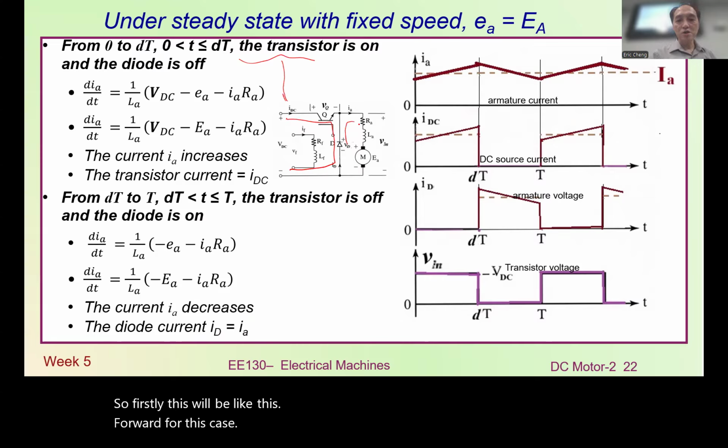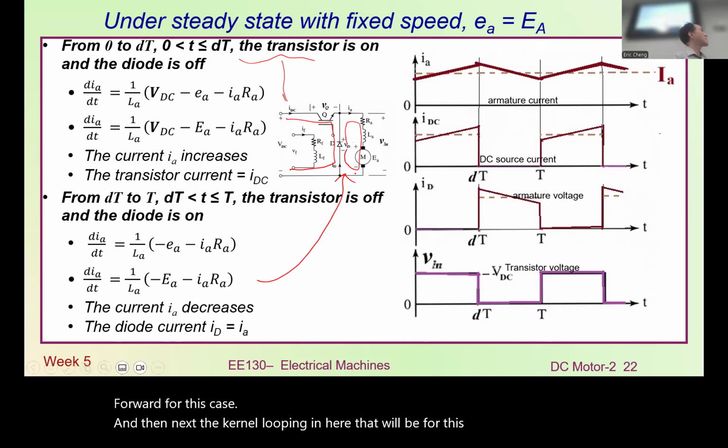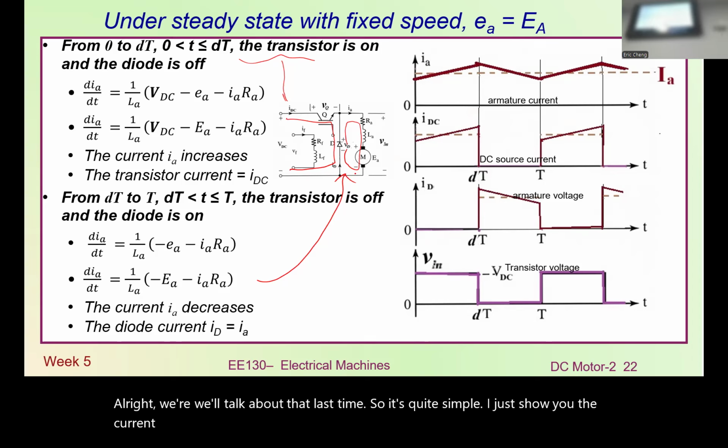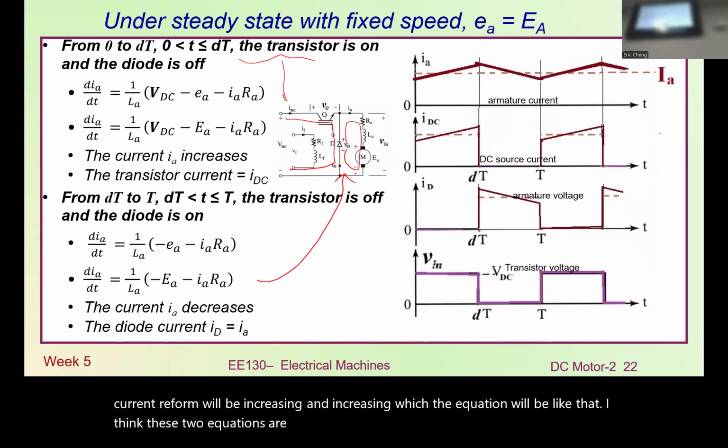And then next, the current will loop in here, that will be for this case. We talked about that last time, so it's quite simple. I just show you the current waveform will be increasing and decreasing, which the equation will be like that. I think these two equations are quite straightforward, right? No complication. Okay, let's look at the next.